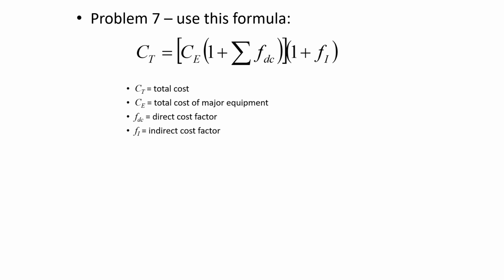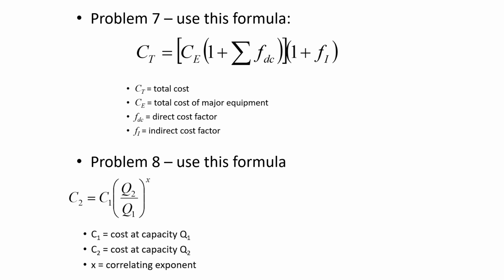So I'll show you this formula in a bit, so you don't need to furiously copy it down right now. I just wanted to clarify that this is the problem 7 formula that you use, and then in problem 8 you're going to be applying the cost capacity equations, which we'll talk about today, and also applying the cost index ideas, which we did in a previous class.